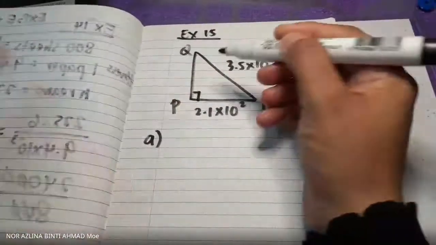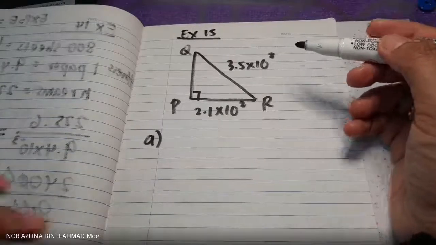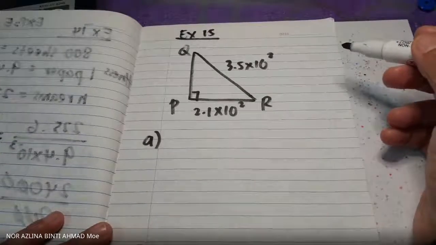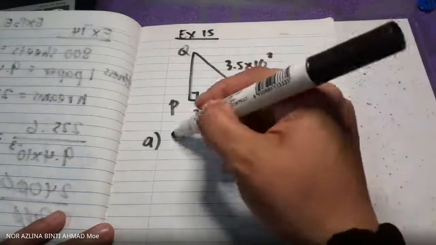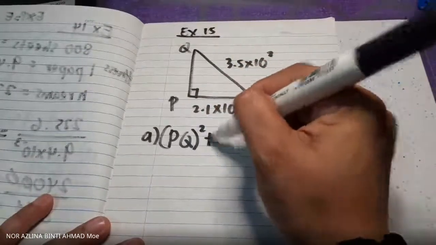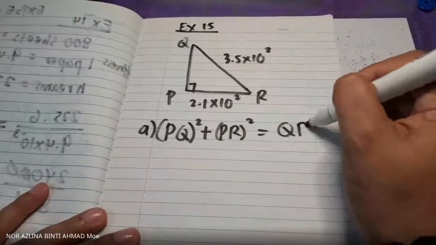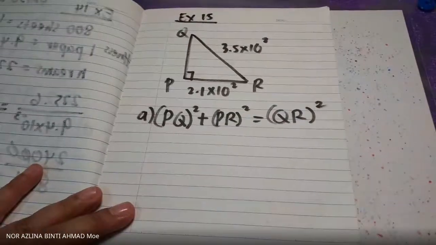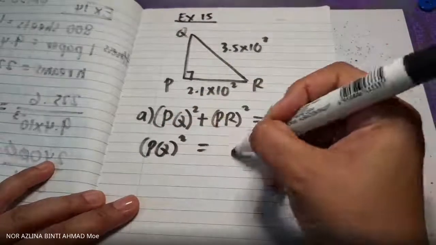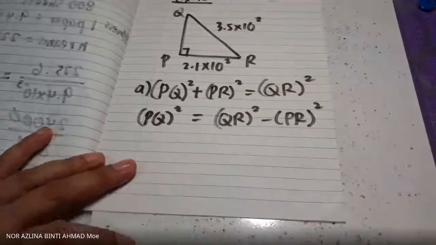This is a right angle triangle, because the question states that this is a right angle triangle. When right angle triangle, we will use Pythagoras theorem. PQ squared plus PR squared equal to QR squared. This is Pythagoras theorem. Now, PQ squared equal to QR squared minus PR squared.